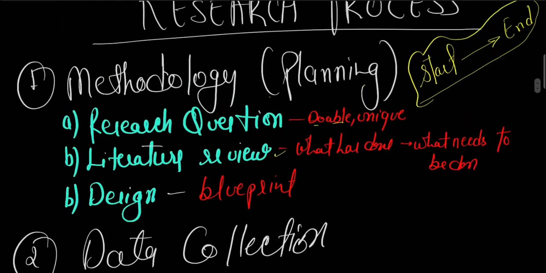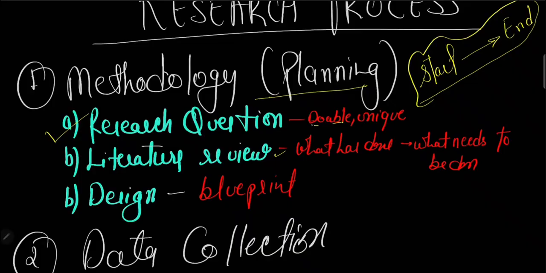Talking about the planning portion first. The basic and root portion of the research is the research question, which defines what you have to do and what the result will be. Everything depends on this one research question.